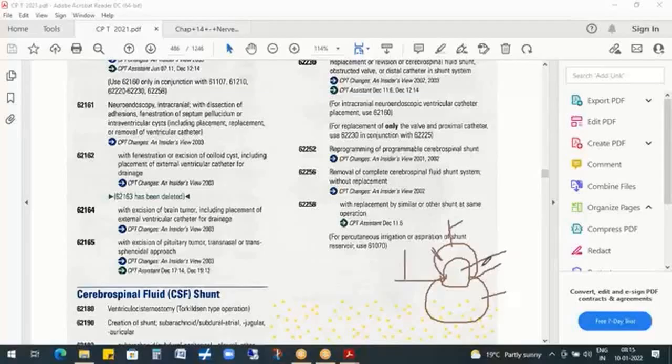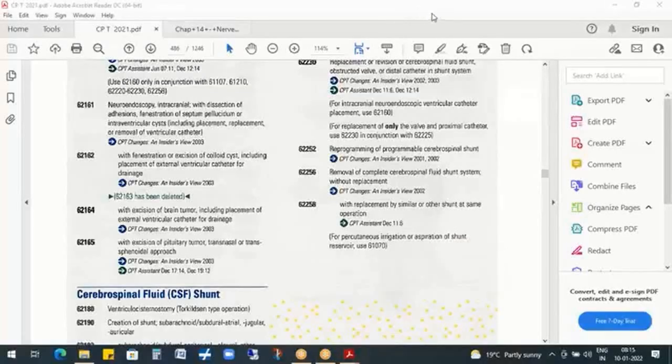Foramen. Spinous or transverse process. These are the parts of the spine. Understood, everyone?